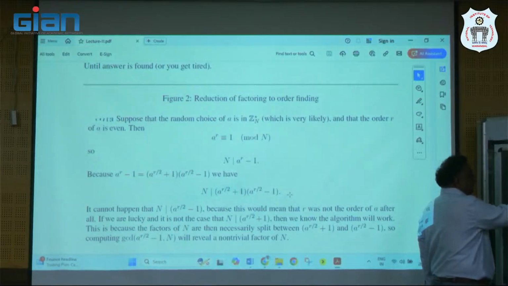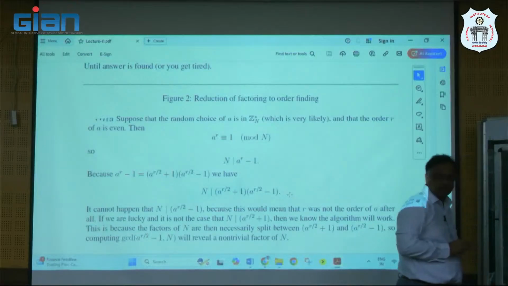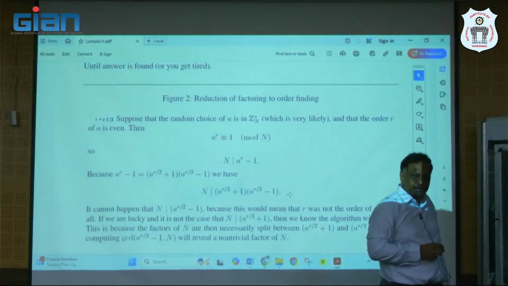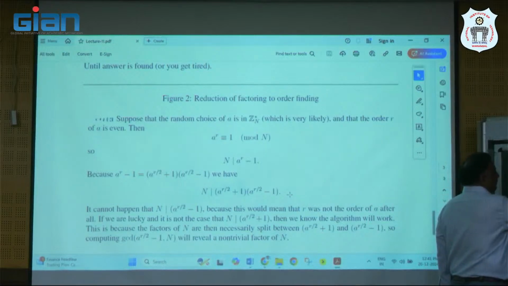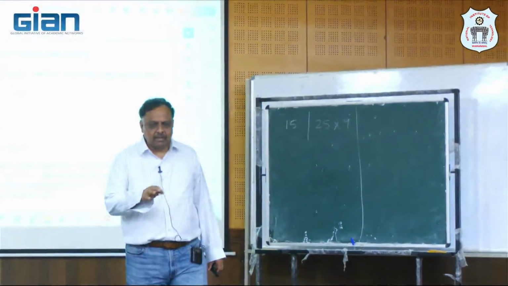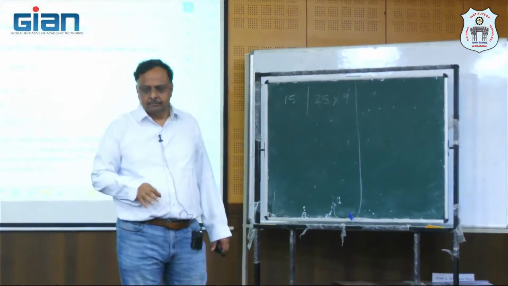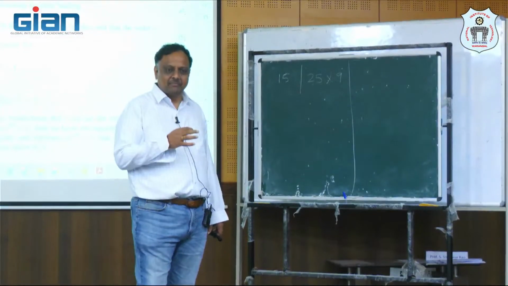See, I have a number 15. It is dividing 25 into 9. Agreed? It is dividing 25 into 9, but 15 is not dividing 25.